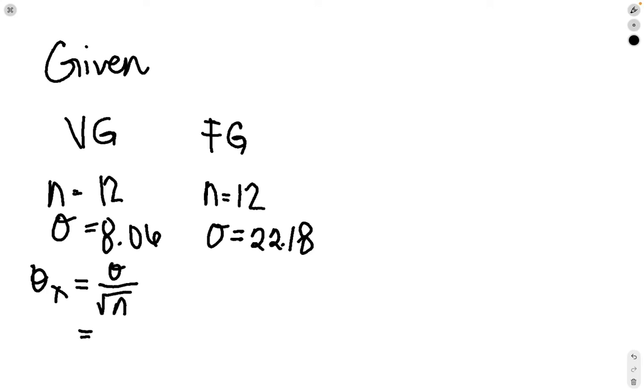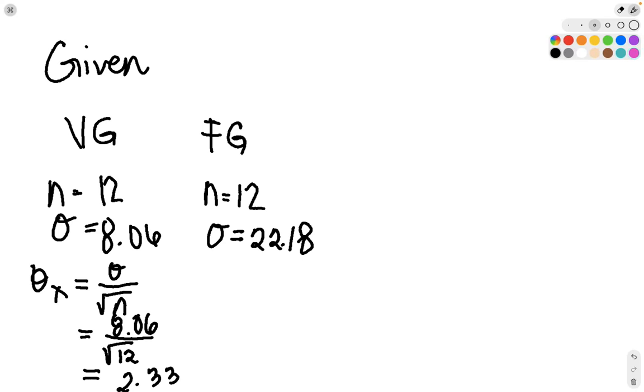So this is now equal to 8.06 all over the square root of 12, which gives us the answer 2.33. I will encircle that one with color red. Alright, so this is my first standard error of the mean.